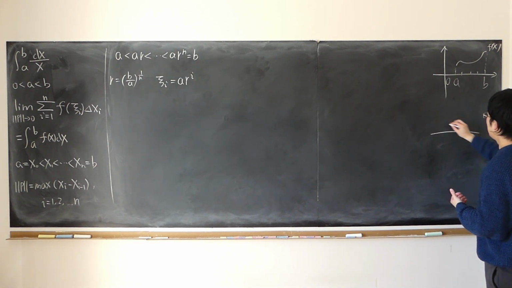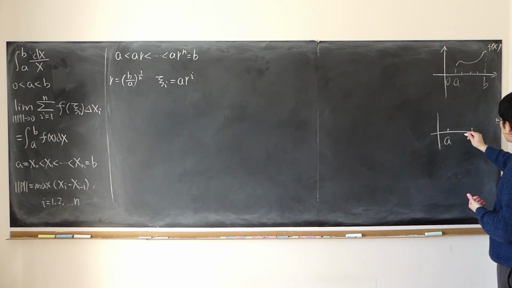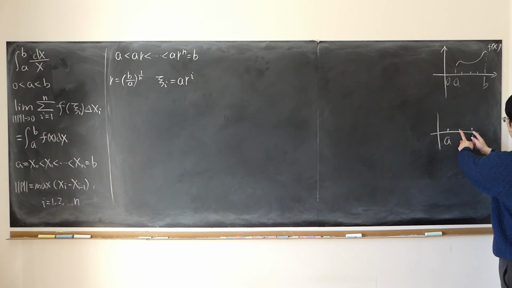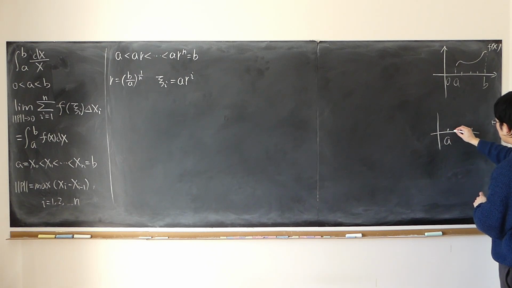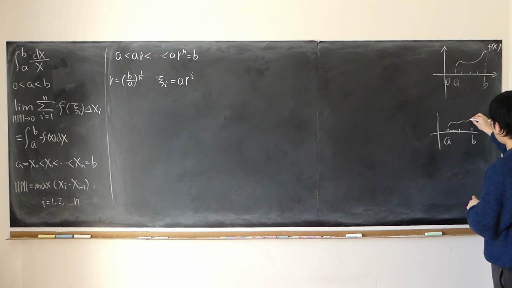For example, suppose I use a partition where I choose the middle point and fix the right-hand side, and then I partition the left-hand side very, very densely. In that case, as my left-hand side partition gets more and more dense, I'm keeping the right-hand side fixed, exactly half of b minus a.